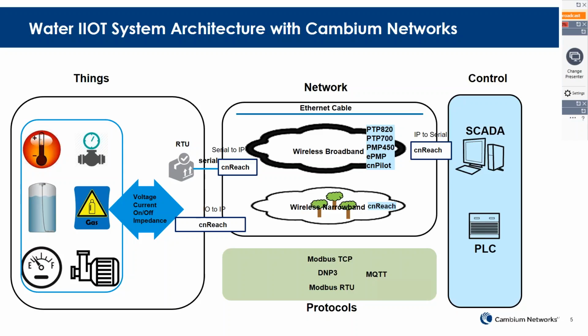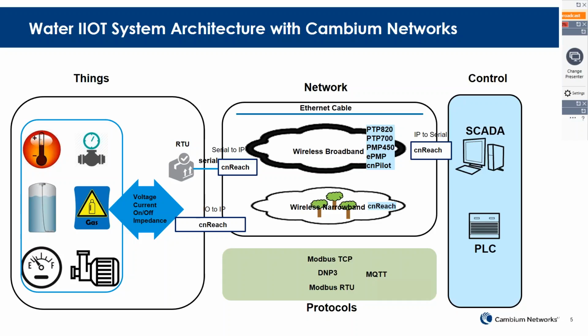So now the cnReach I/O module will take the voltage, the current, the impedance, the dry contact, on or off switch into the I/O module, and make it ready for query by the SCADA master or PLC. For example, the cnReach actually can act as a Modbus TCP slave.